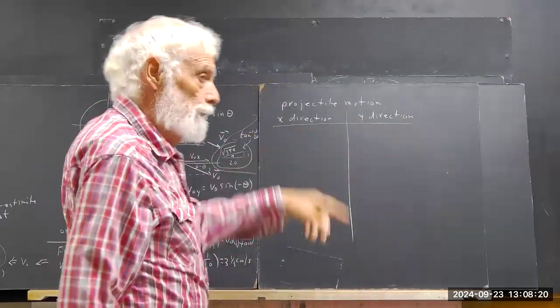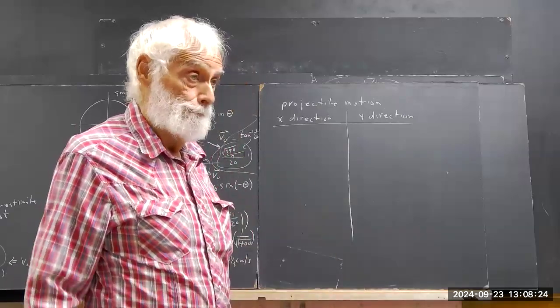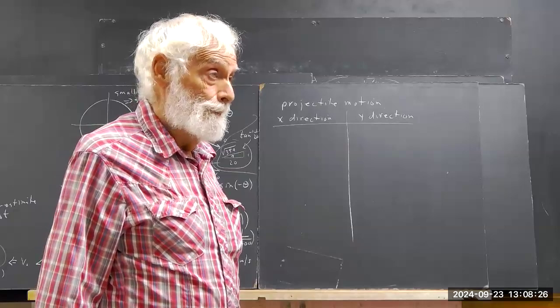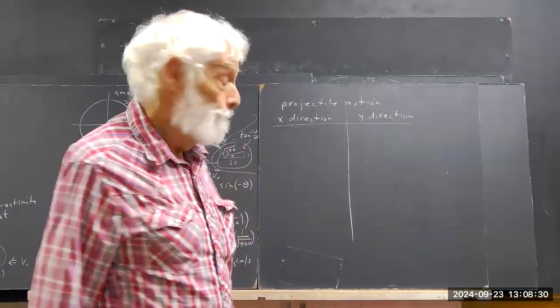You've got the x direction and the y direction, and the only thing they have in common is the time. Time keeps running no matter what happens in x, no matter what happens in y.